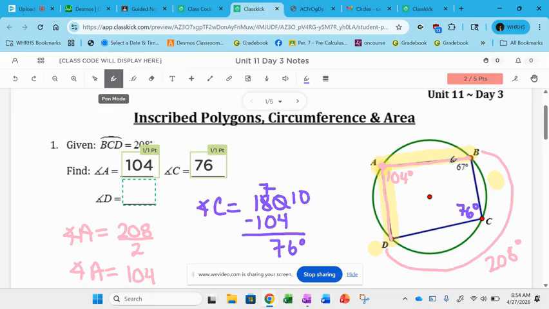Excellent. Again, angle D and angle B add up to 180. So for angle D, I'm going to do 180 minus 67. Oh, sorry, 67. Good catch, Jay. Thank you. So 10 minus 7 is 3, 7 minus 6 is 1. We get 113.